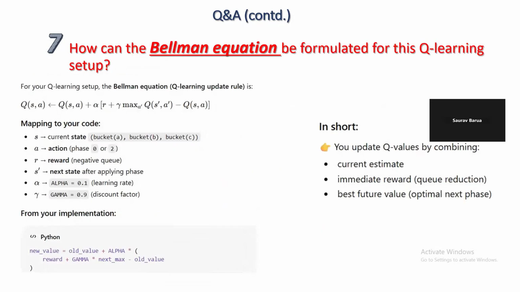And here comes the Bellman equation for the Q-learning setup. We can see the Bellman equation: Q of state and action is updated as Q(s,a) plus alpha, our learning rate, times R, the reward, plus gamma, the discount factor, times Q of S prime, A prime, corresponding to the next state, minus Q of S, A, the current state. So alpha is the learning rate, gamma is the discount factor.